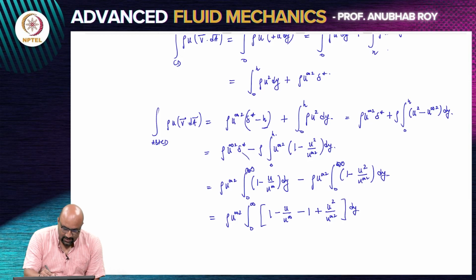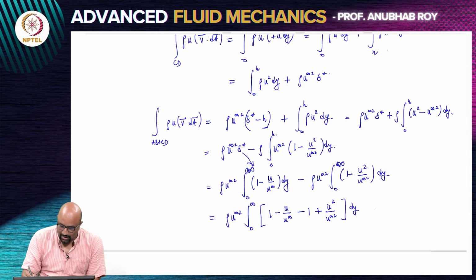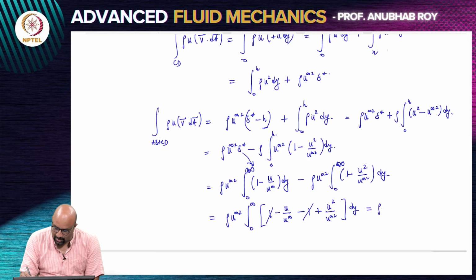What I have done is substituted the expression for the displacement thickness, and by doing so, I now have, if I write this out, u infinity square, the minus sign, integral 0 to infinity of u by u infinity minus u square by u infinity square dy.